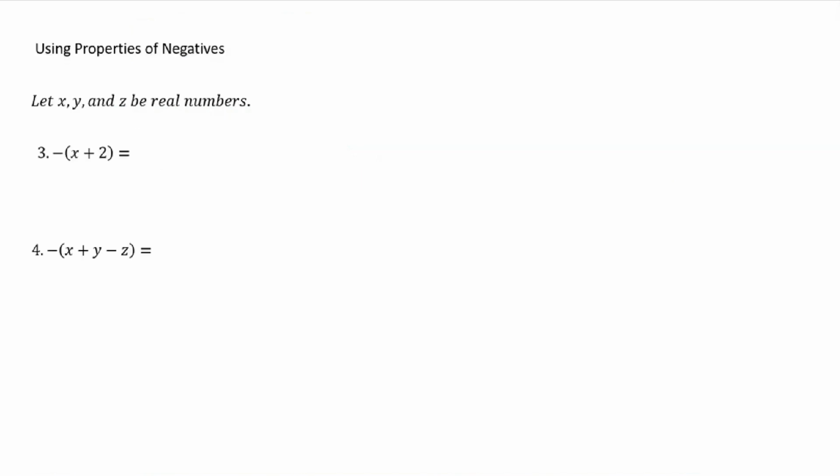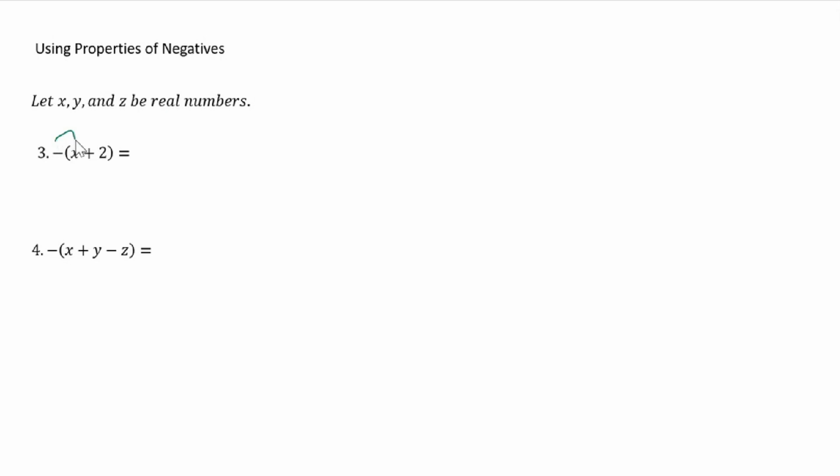Let us try some examples using the properties of negatives. Let x, y, and z be real numbers. So negative times x plus 2 can be written now using the distributive property as well as the properties of negative.